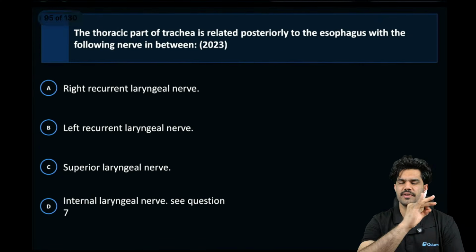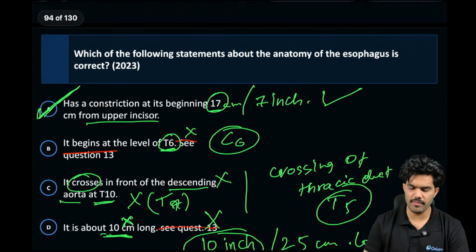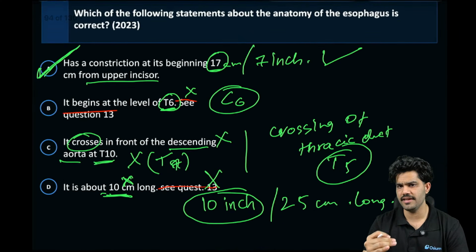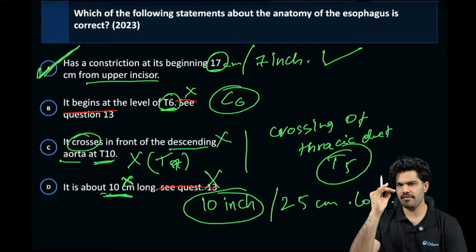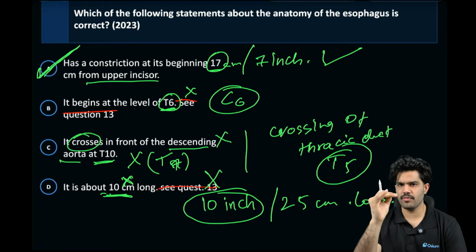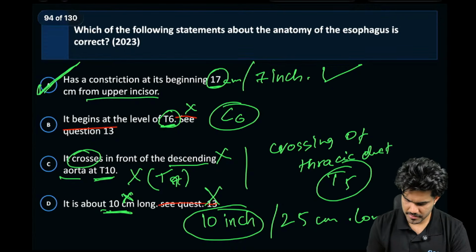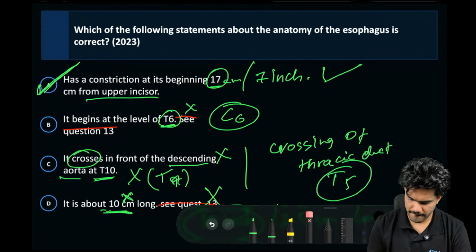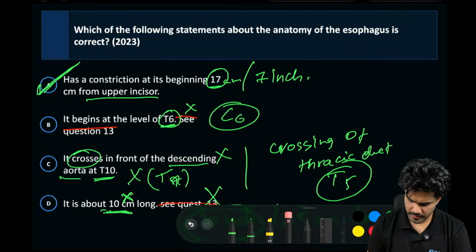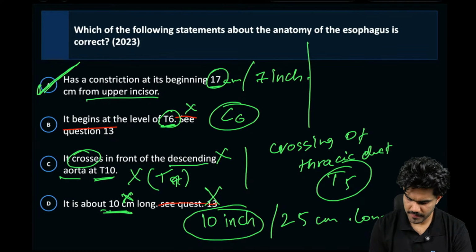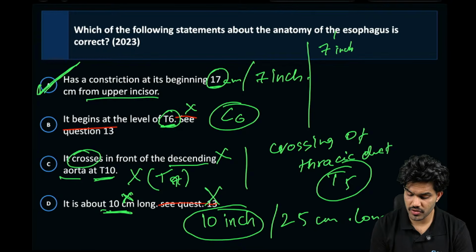If you know the concept, it is easy. Just know about the constrictions, where one is present at 7 inch from the upper incisor. Let me just explain here shortly. At 7 inch, we are talking about inches, we have the beginning constriction.